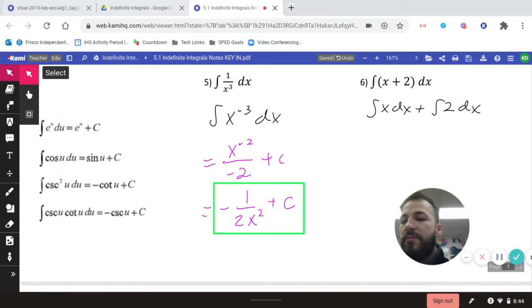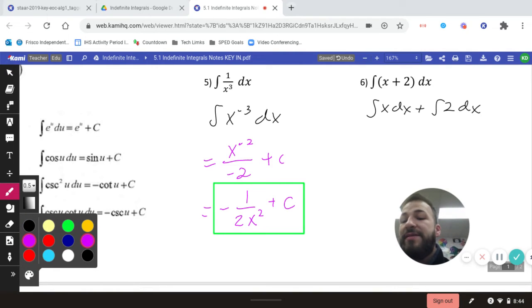So the integral of x, that is a power rule, because what power is on x? That would be a power of 1. So the integral of x is equal to x squared over 2 plus the integral of 2, which is 2x, and then plus c.